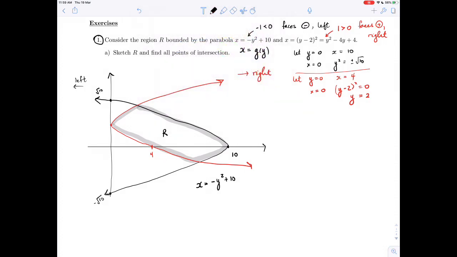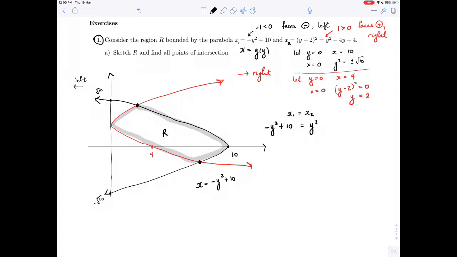So we're asked to find the points of intersection. Well, we can see here that there are two, and so we're going to find those using the comparison method. So we're going to set the two values equal. So if I call this x1 of y and call the second value x2, I can set x1 equal to x2 just like you would in any problem where you're trying to find the points of intersection, the comparison method.